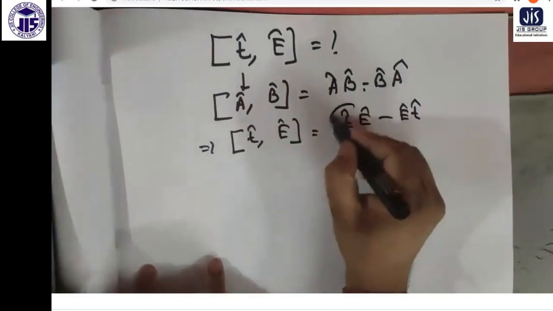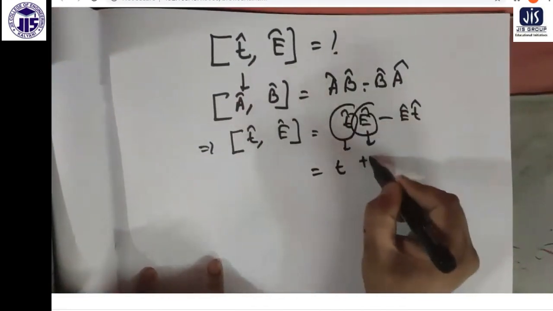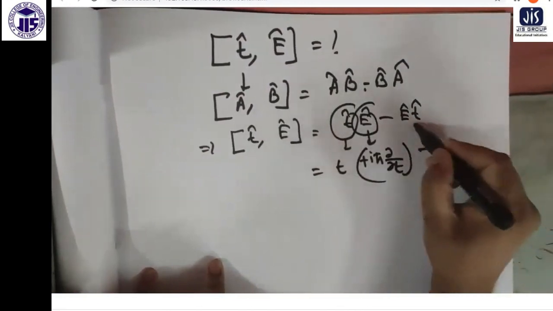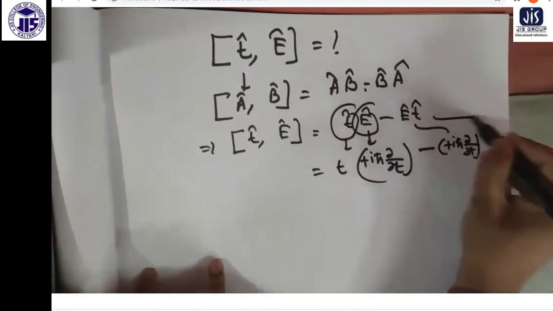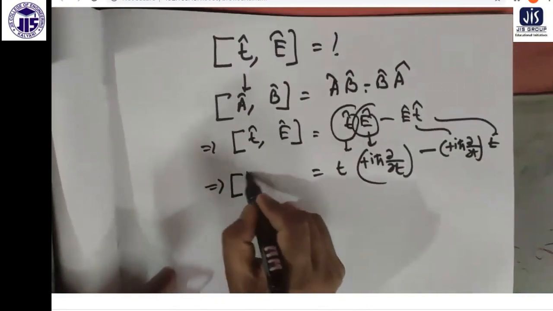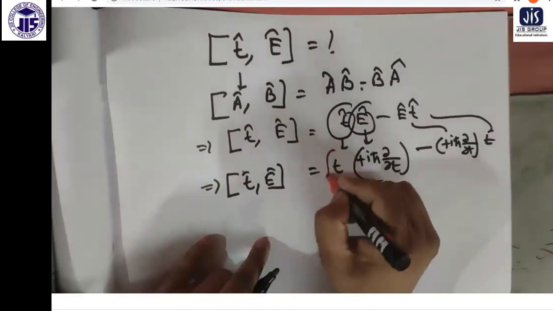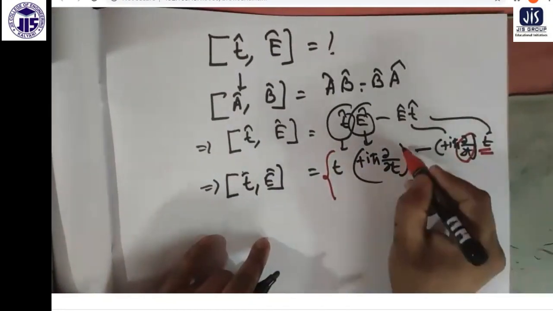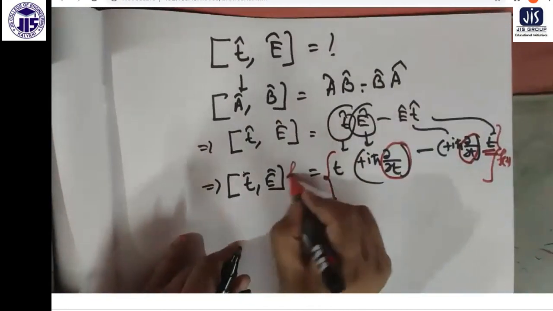Now in operator form, T cap will be T and E cap will be plus i H cut del by del T. If you see the list of operators, you will get it. And this will be plus i H cut del by del T and T cap will be T. So you see here I have got a function. Again, same crisis. This is very happy because it can operate on t, but this one has got nothing to do. So I add one function f of t on either side of the equation.